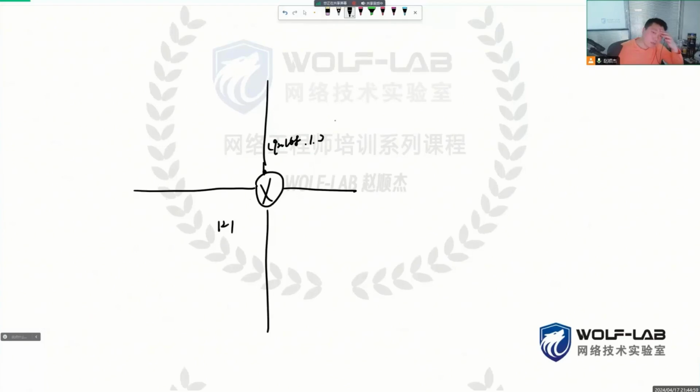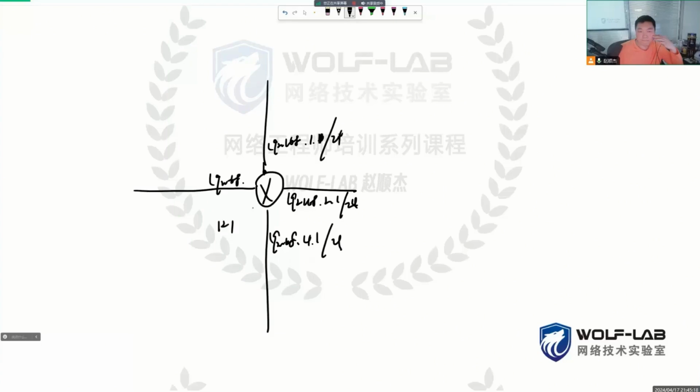For instance, consider this situation. Draw a special diagram. This is router R1, and I now have 4 interfaces. The address of the interface above is 192.168.1.1/24.